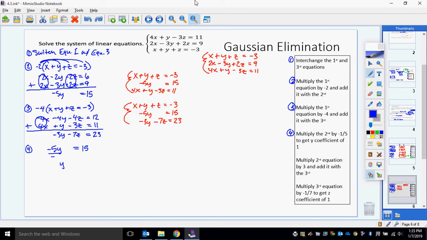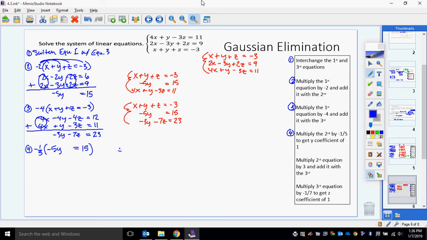Sure, you could do that. But technically, our row operations say we can only multiply. We can't divide. So what is multiplying that does the same thing as dividing by negative 5? If I multiply by negative 1/5, that's the same as dividing by negative 5, just like dividing by 2 is the same as multiplying by 1/2.